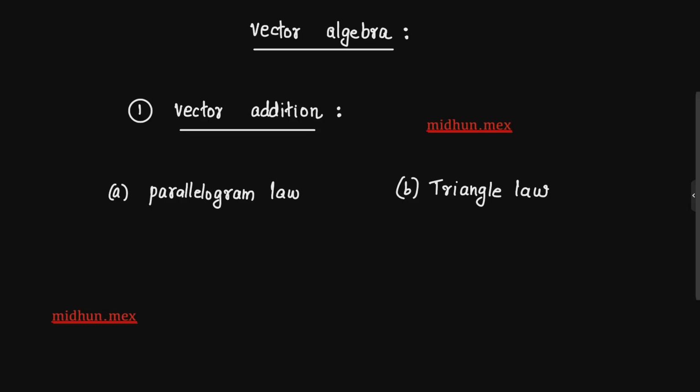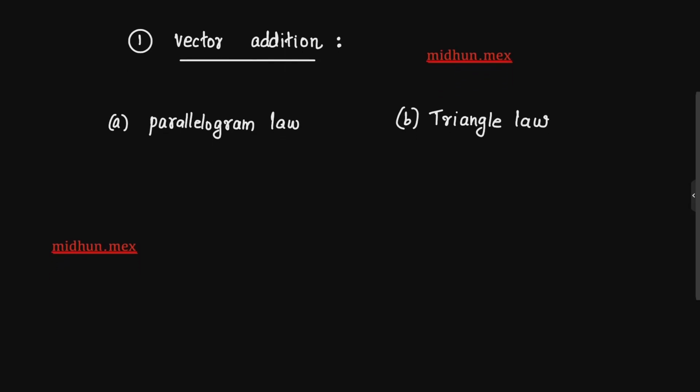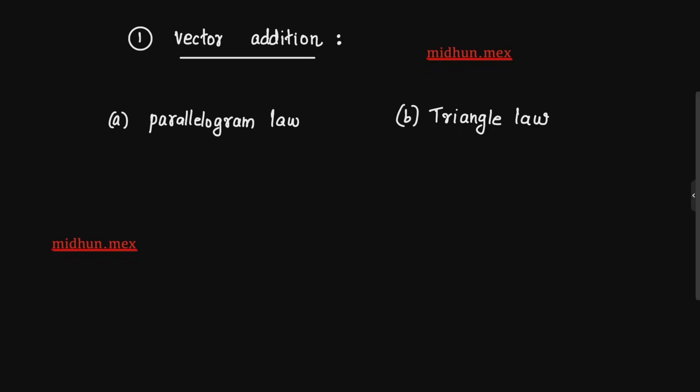It doesn't matter which law you are choosing, both will give you the same answer. It is like you are doing 3 into 4, you will get a 12, 4 into 3, you will get a 12, like that only. Both will give you same answer. So my personal favorite is parallelogram law. Almost in every book they are using parallelogram law, so we will proceed with that.